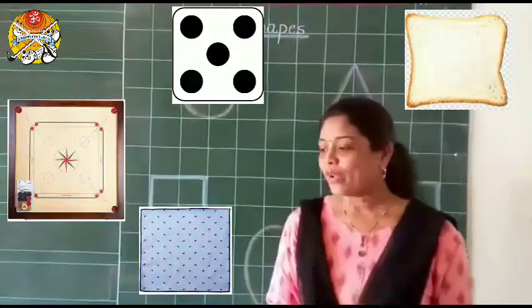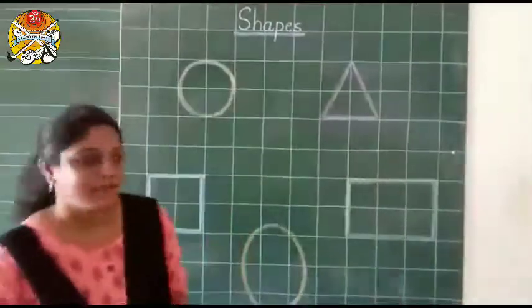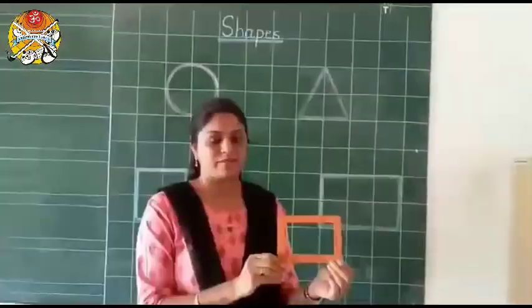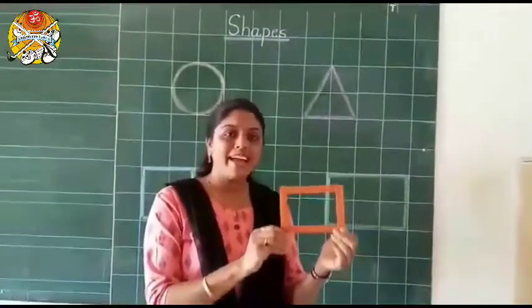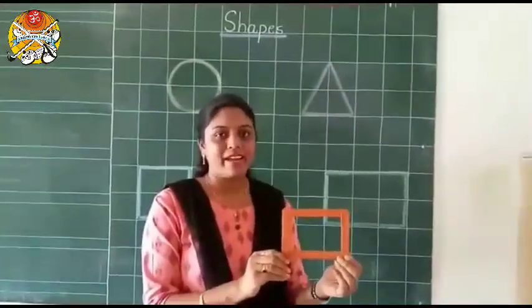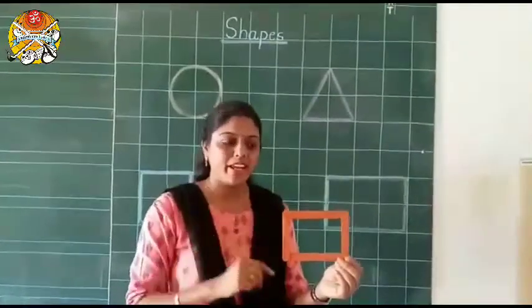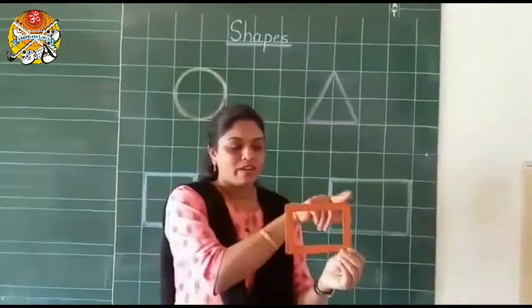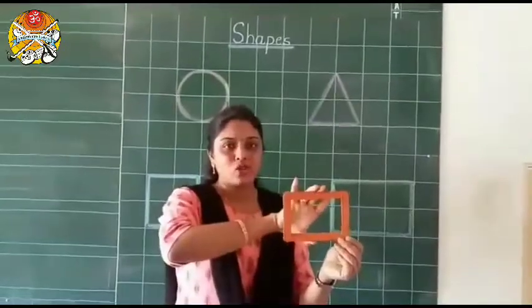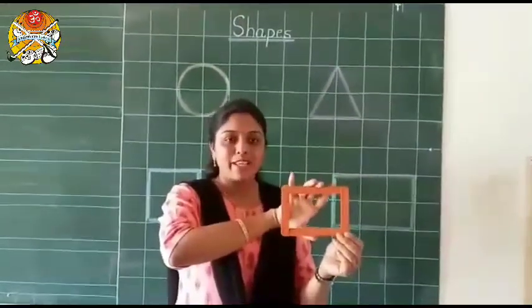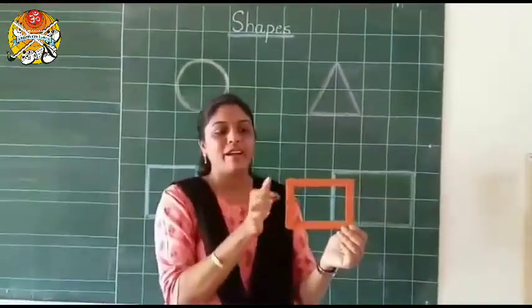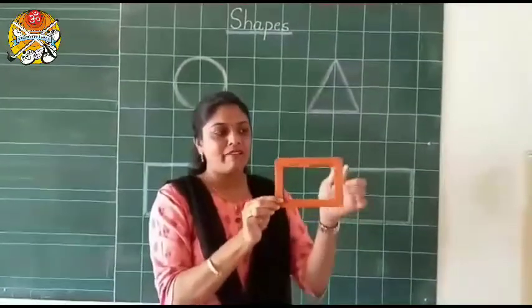Now the next shape is rectangle. Which shape is this? Rectangle. And rectangle has 4 sides. 2 opposite sides are equal. See, 1 and 2. These are 2 opposite sides and they are same in size, right? And this side 3 and 4.